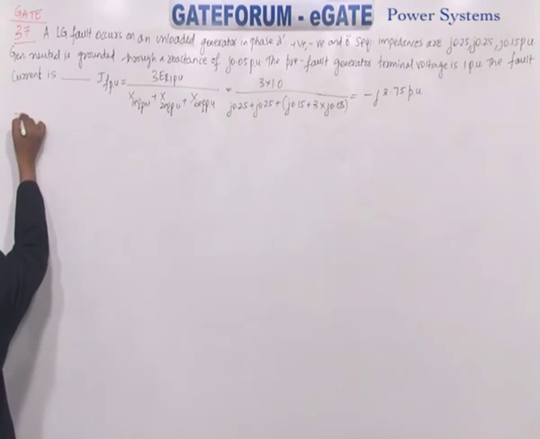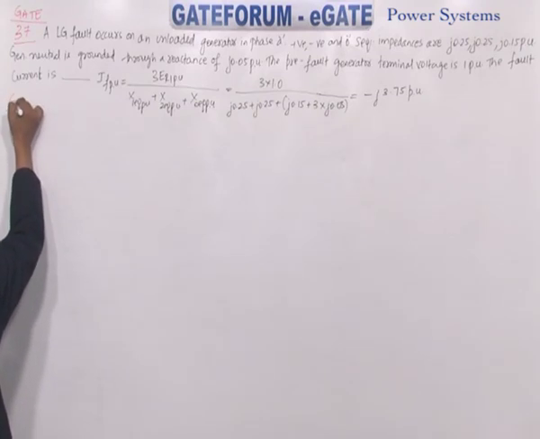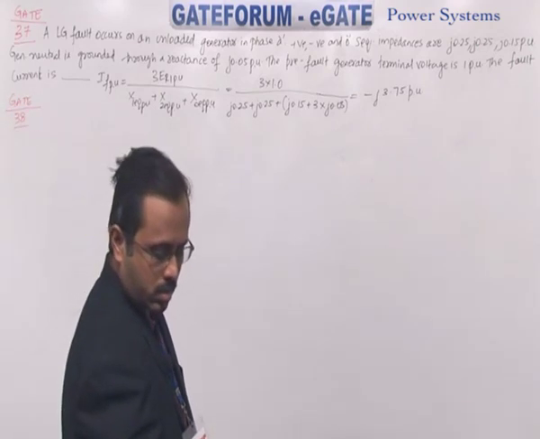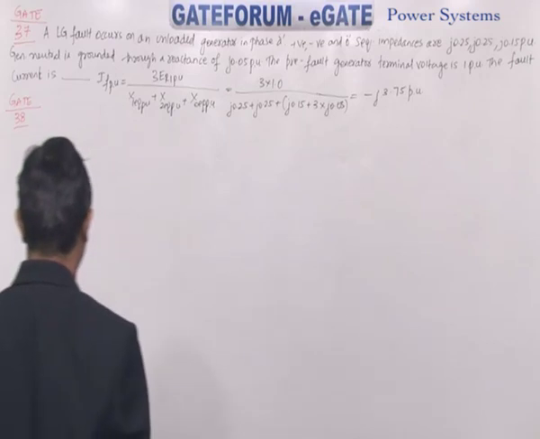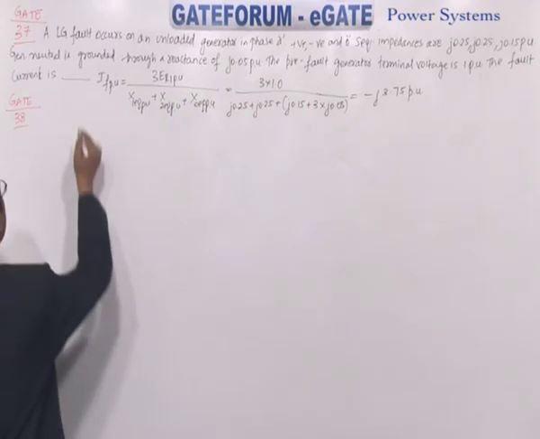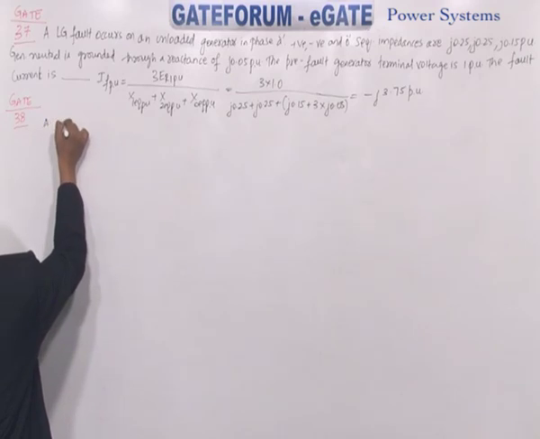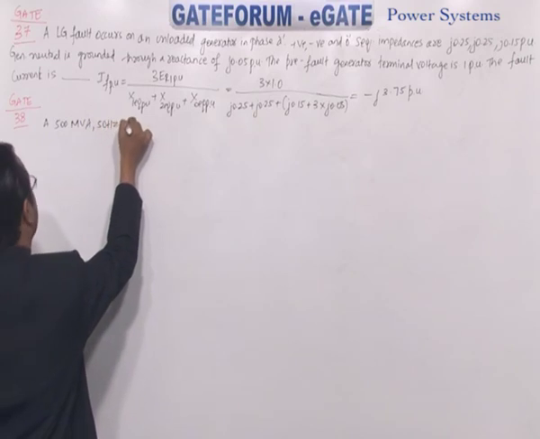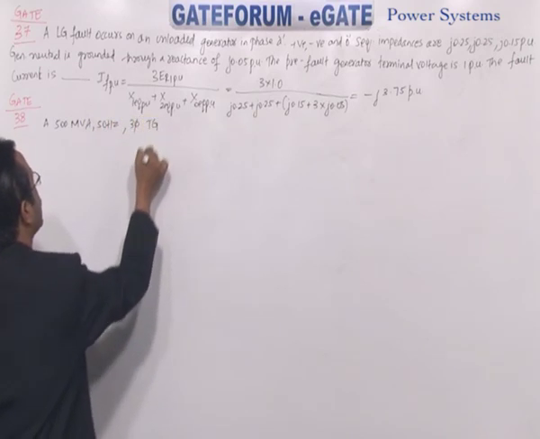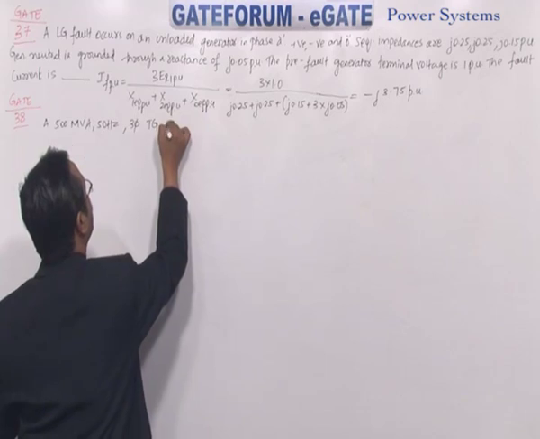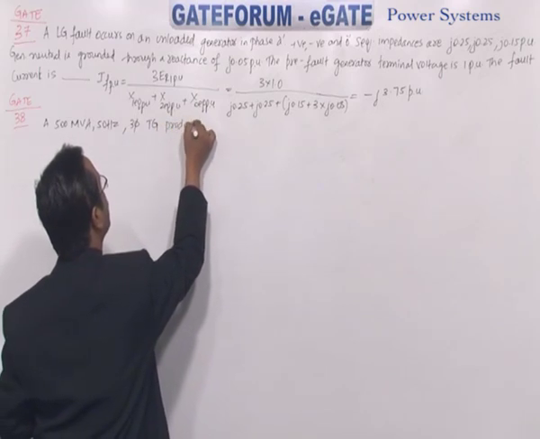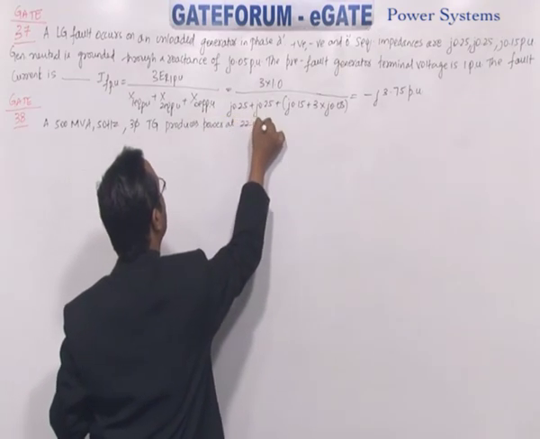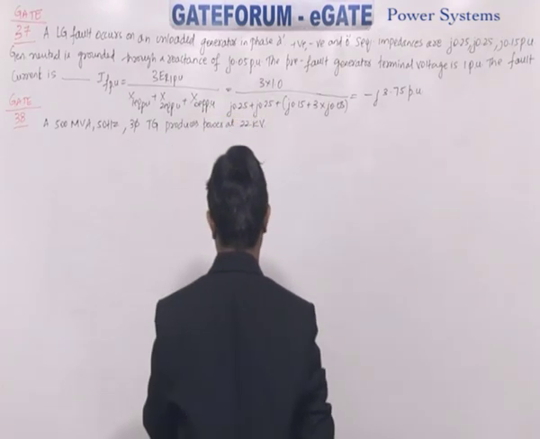Now we solve this next one. This is also from a GATE question paper. A 500 MVA, 50 Hertz, 3-phase turbo generator produces power at 22 kV.